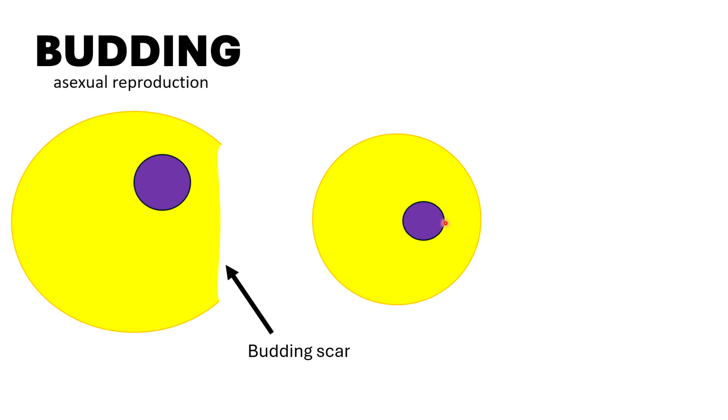And here you have a new cell. I'm pretty sure the animations before lagged, but I think you see what I mean. A bud formed from the parent cell, and then it split, and then it formed the budding scar.